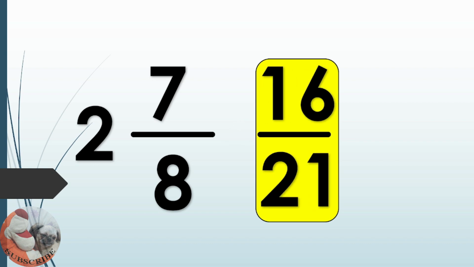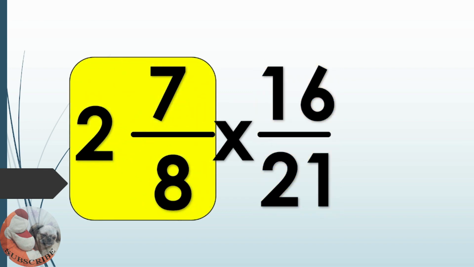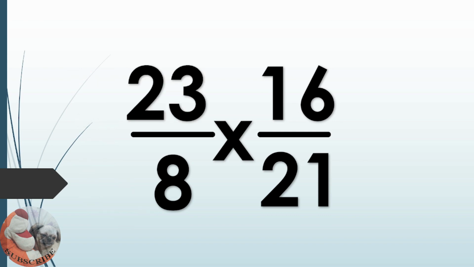Then the division process will become multiplication process. Then change 2 and 7/8 to improper fraction. Eight times 2 is equal to 16. Then add the numerator, plus 7. So 2 and 7/8 will become 23/8.